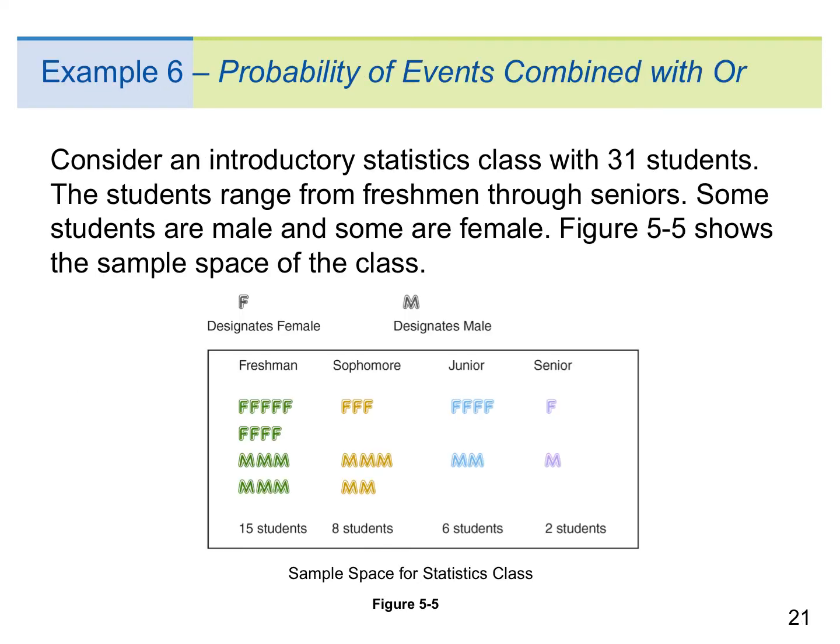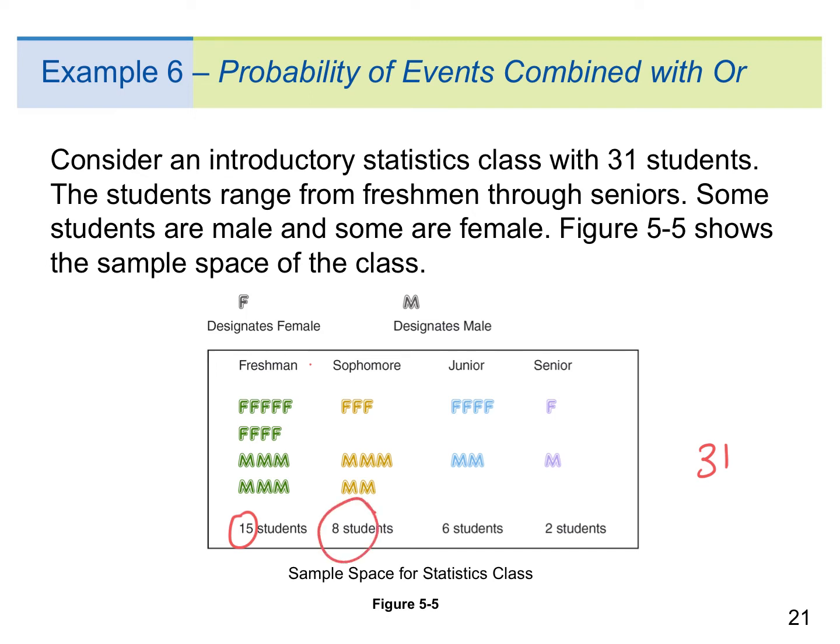Questions? Okay. So, in this example, we have freshmen, sophomores, juniors, and seniors. And we have some females and some males. There are 31 total students in this particular problem. Everyone see what we have? Beautiful. Freshmen, there's 15. Sophomores, there's 8.